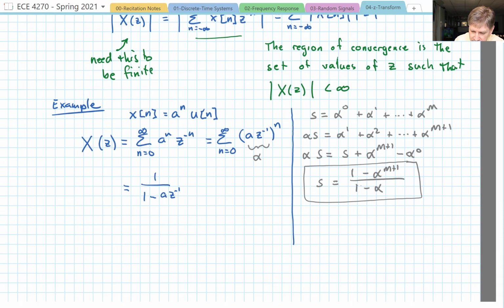That is, if a z to the minus 1 is less than 1, then raising that to the power of infinity would be 0, and we would be just left with this. So maybe I shouldn't have put that in gray, maybe it should be in red. Very important finding.